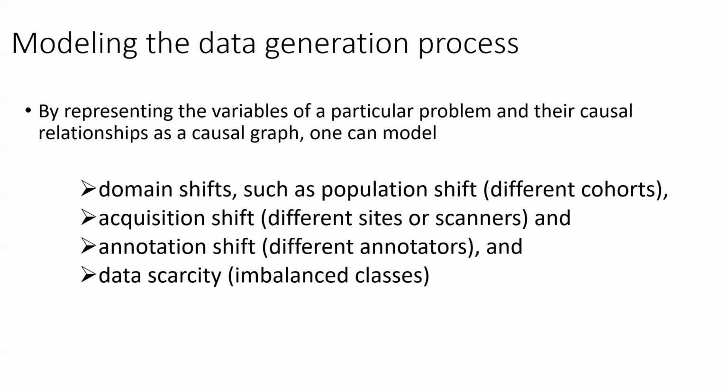Causal graphs offer a direct means of visual exploration and, consequently, explanation. By representing the variables of a particular problem and their causal relationships as a causal graph, one can model different scenarios like domain shift, such as population shift, acquisition shift, annotation shift, or data scarcity. That means the data imbalance.